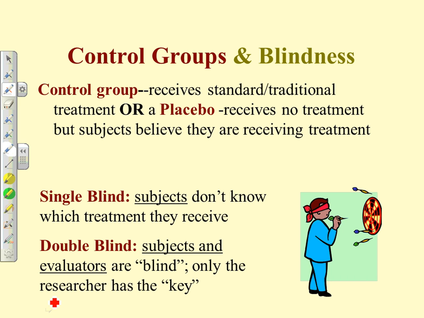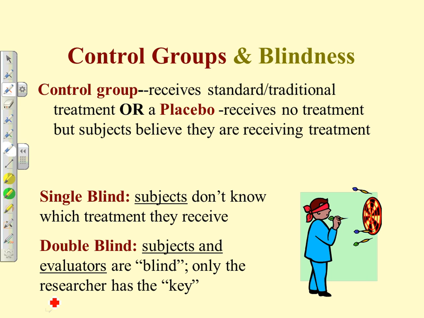Now, placebos are treatments. If you're talking about drugs, a placebo could be a sugar pill compared to an actual painkiller that we are trying to study. A placebo could be decaf coffee: you give somebody decaf coffee and say, how did this coffee help you stay awake? And you compare it to actual coffee. So those are the differences.